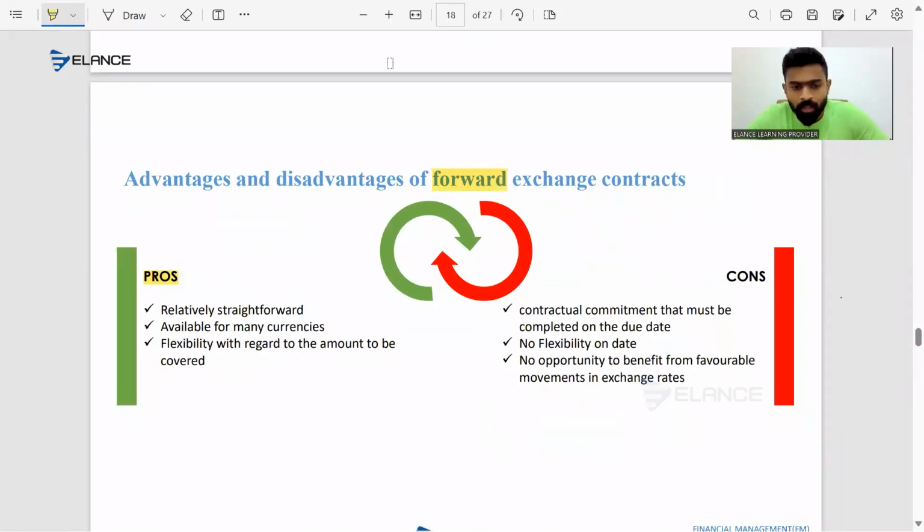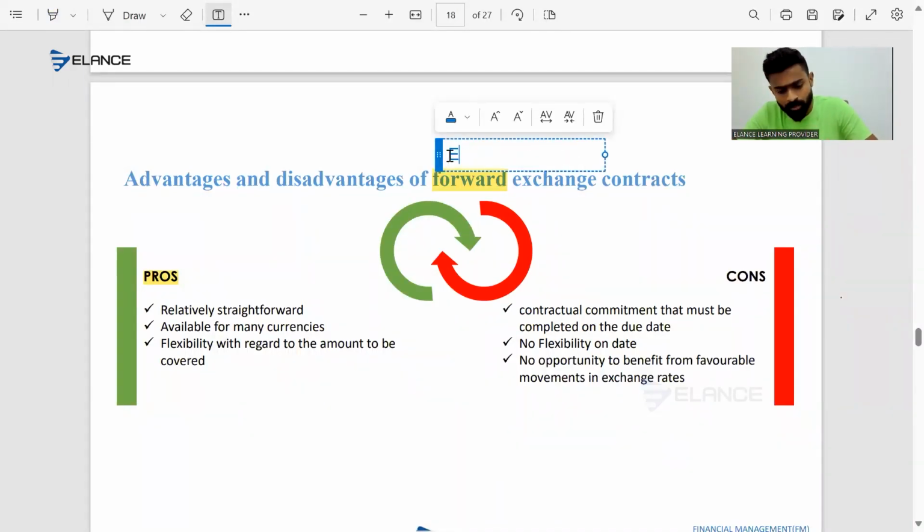Forward contract, right? Are forwards over the counter or exchange traded? They are over the counter, right?